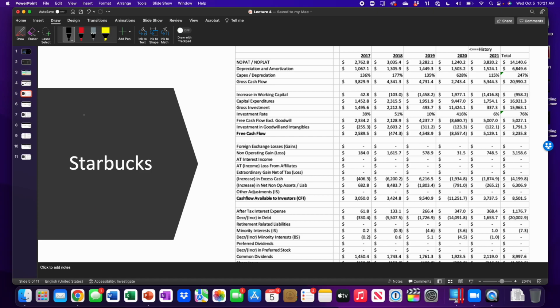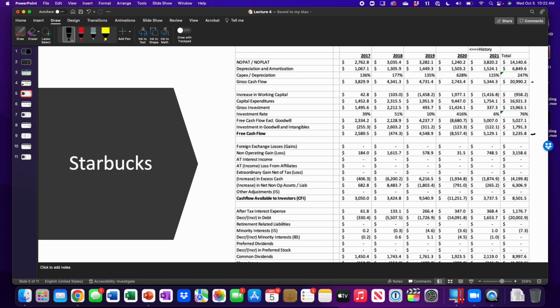So in this case, Starbucks free cash flow over 5 years summed up to be $3.2 billion. How did they generate $3.2 billion of free cash flow? Well, they generated $20.99 billion of gross cash flow from the income statement.